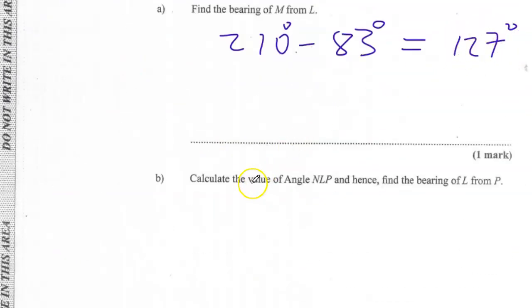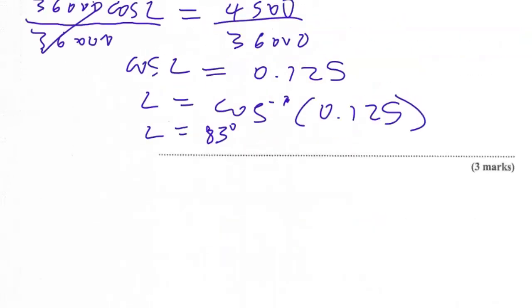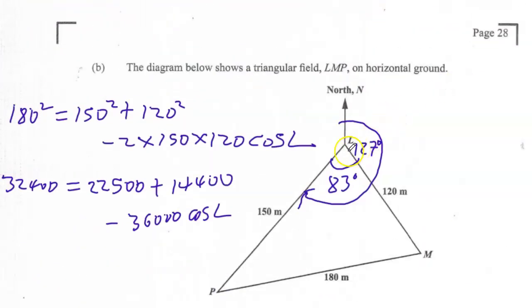Next, calculate the value of angle NLP, and hence find the bearing of L from P. So find the angle NLP first. NLP, that's this angle. Notice the angle around is 360.